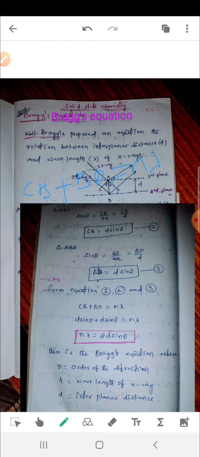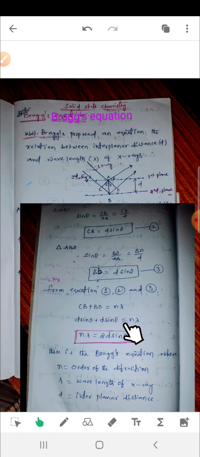We know CB equals d sin theta and BD equals d sin theta. So d sin theta plus d sin theta equals 2d sin theta. Finally we get the formula n lambda equals 2d sin theta.